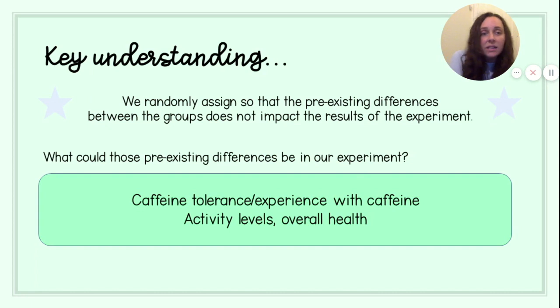You don't want to put all the active people in one group and all the unhealthy people in the other, right? You want any kind of difference to be split up pretty evenly in the different groups, because we really want to eliminate confounding variables. And confounding variables are just things that get in the way that can decrease the validity of our results in the experiment.